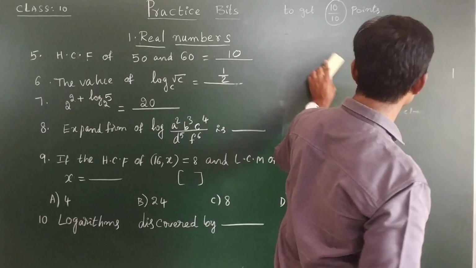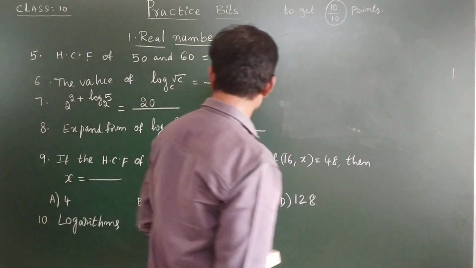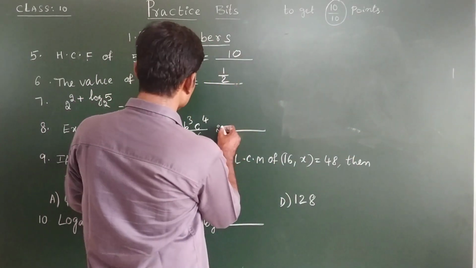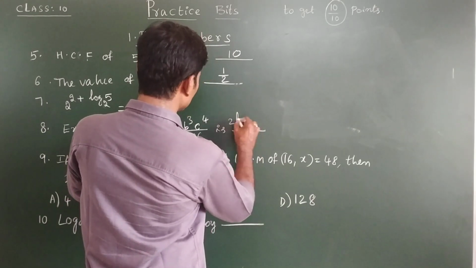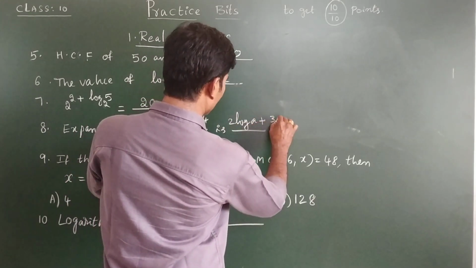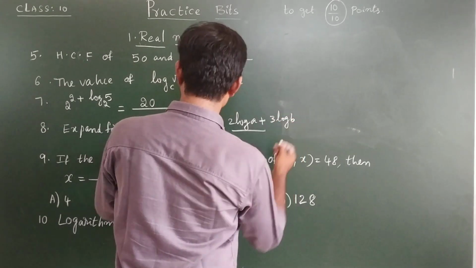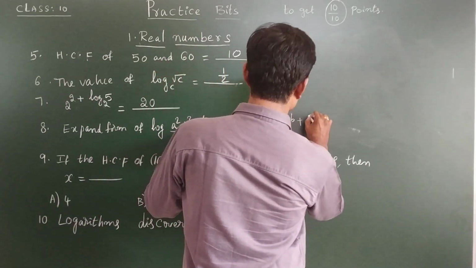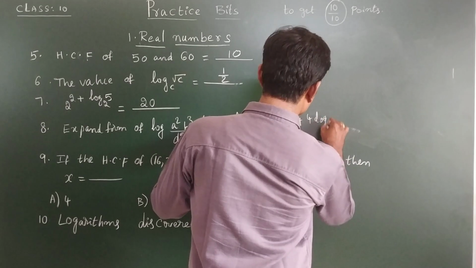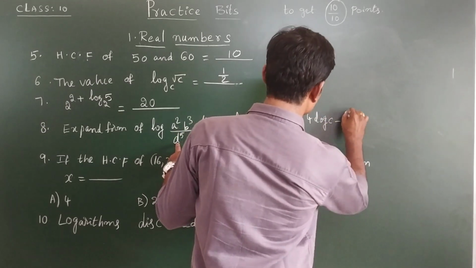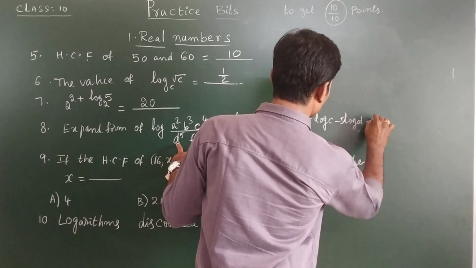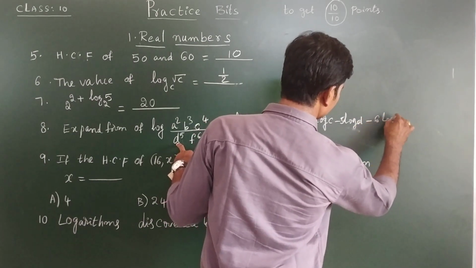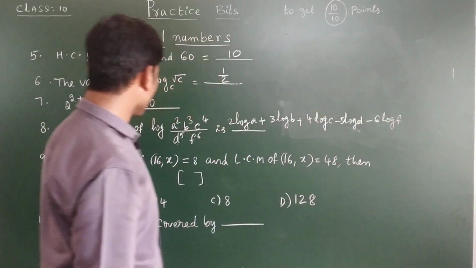This is the answer. So the answer is 2 log a plus 3 log b plus 4 log c minus 5 log d minus 6 log f.